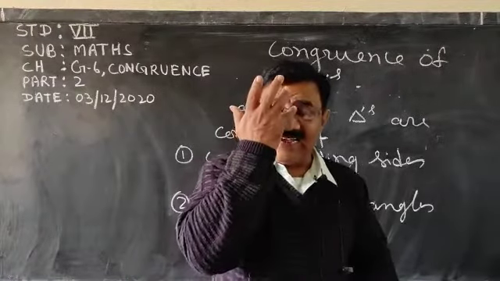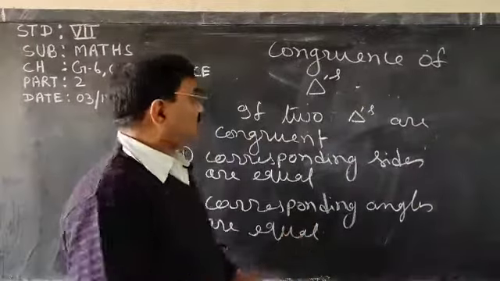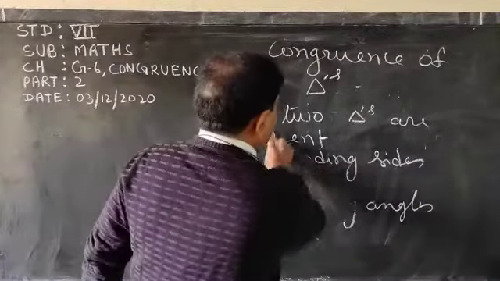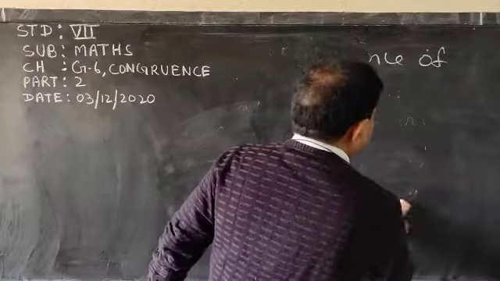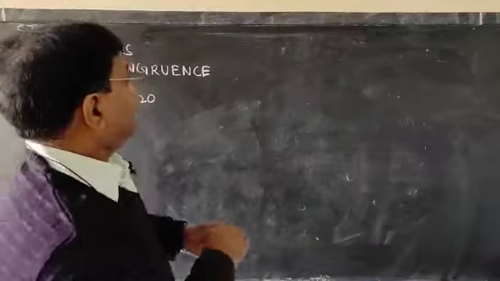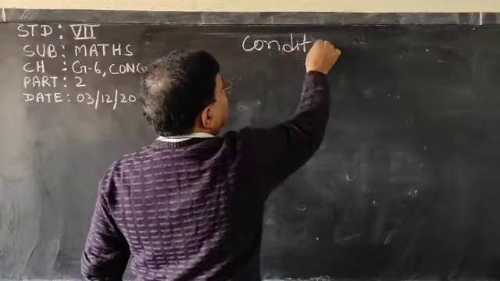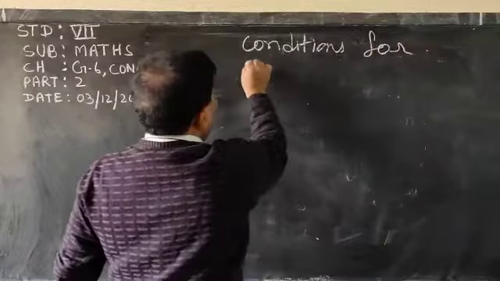Now, what are the criteria, what are the conditions that make two triangles congruent? Listen, conditions for congruency of triangles. Very important conditions for congruency of triangles.